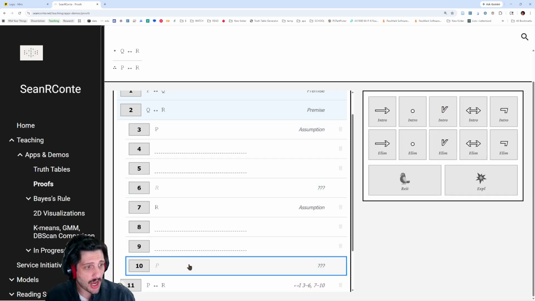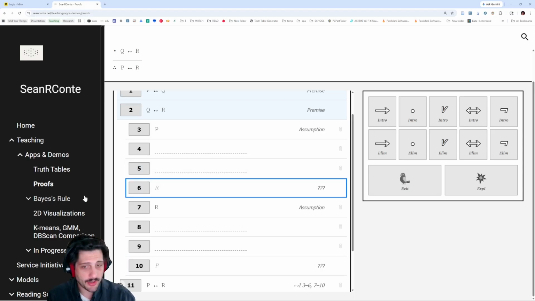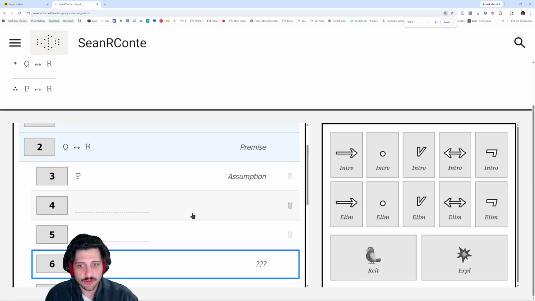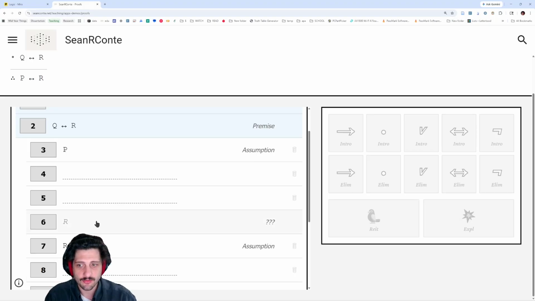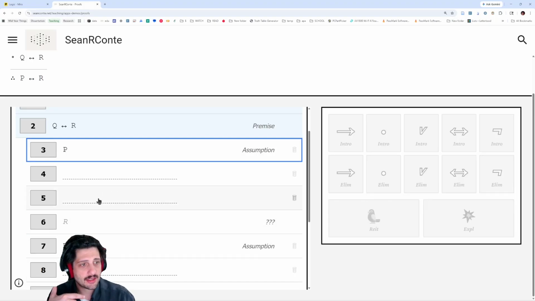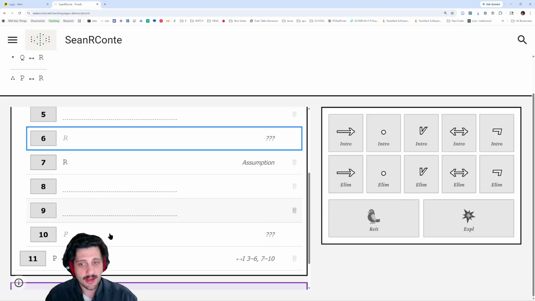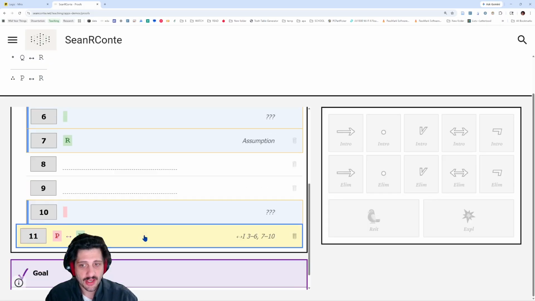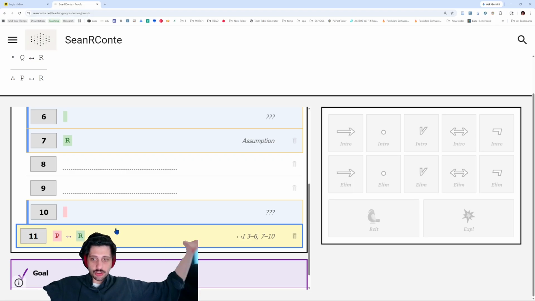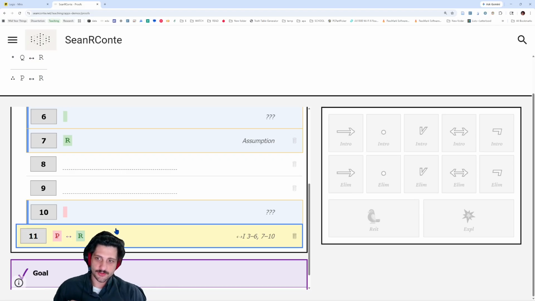And so now my job is just to jump in and think, okay, how do I do just that subproof? How do I get from P to R now? And as soon as I fill in both of these subproofs, this last thing is going to be happy. It's already set up to know what structure it's coming from. It just needs you to fill in the details for how those subproofs are supposed to work.